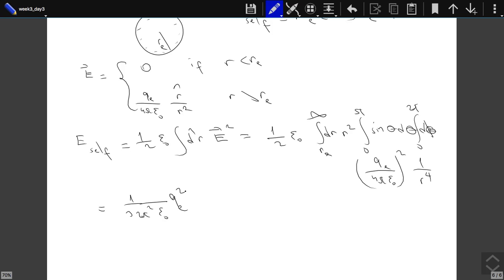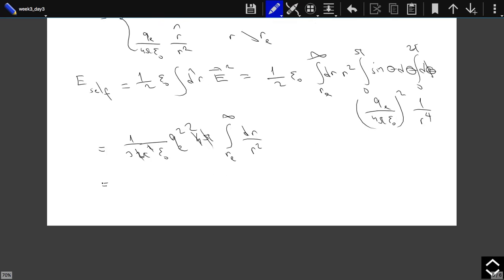Well, the phi integral will just give me 2 pi. The theta integral, if you evaluate it, will give me a 2. So that will make a 4 pi, times the integral from r_e to infinity of dr over r squared. Well, the pi's cancel. The 4's I can cancel with 2. I have 2/3 Q_e squared over pi, and the integral is 1 over r ranging from the radius of the electron up to infinity.